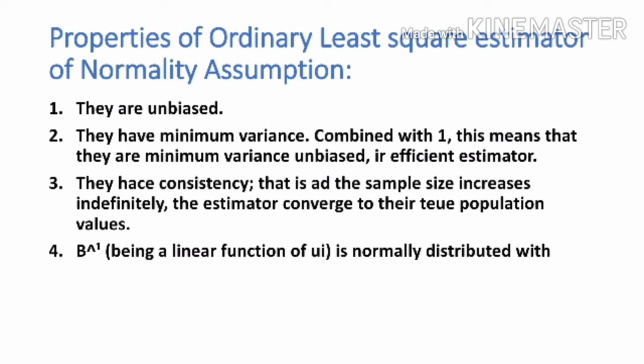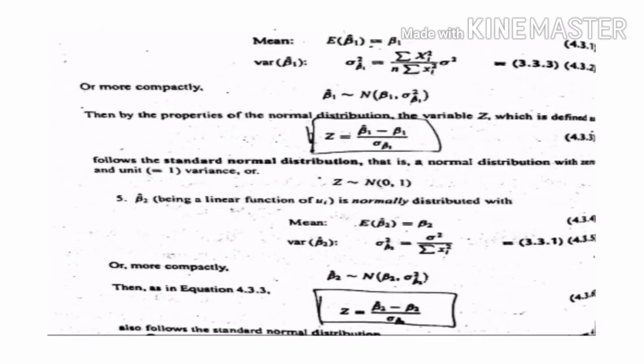Properties of the ordinary least squares estimator under the normality assumption. First, they are unbiased, they have minimum variance, and together they are the minimum variance unbiased estimators. They are also consistent as the sample size increases indefinitely. Beta 1 hat is normally distributed.